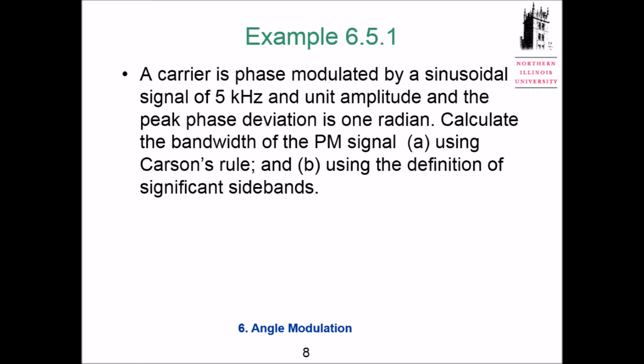This example is from our textbook, 6.5.1. I'm going to go through it with you, but for PM modulation bandwidth is not required. But I want to show you one important thing, using the definition of significant sideband. So we are going to show how to use significant sideband to calculate bandwidth in this example.